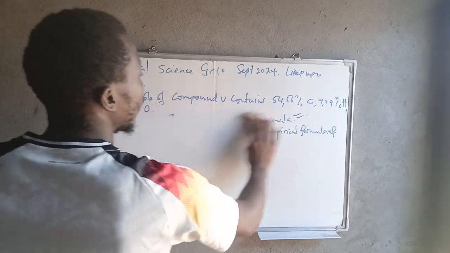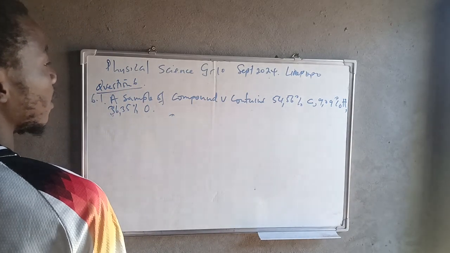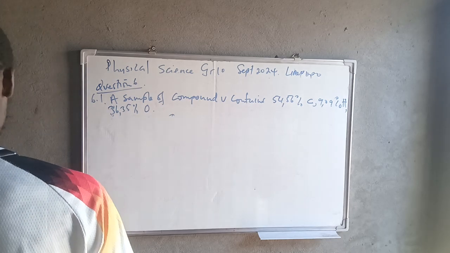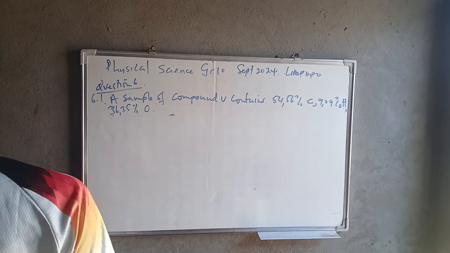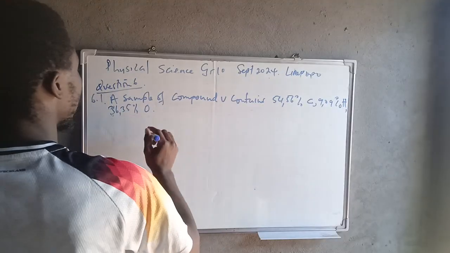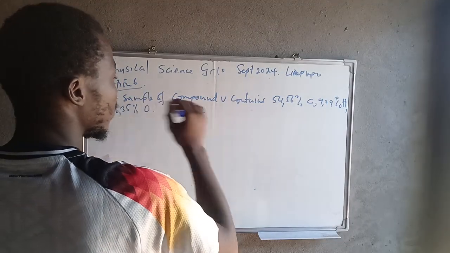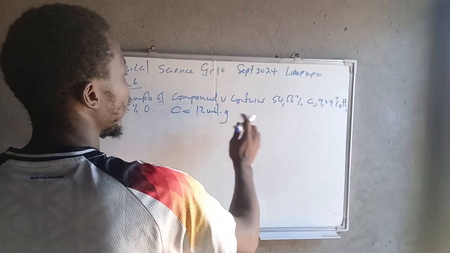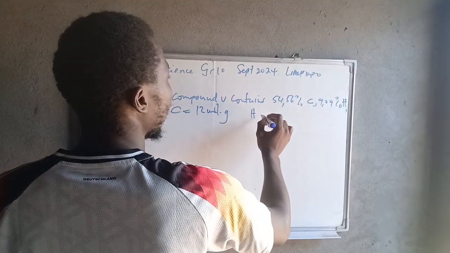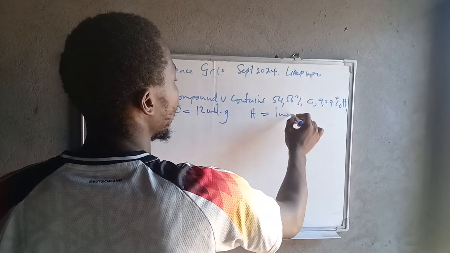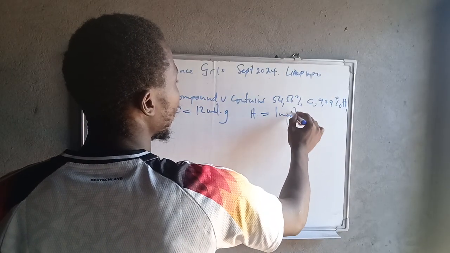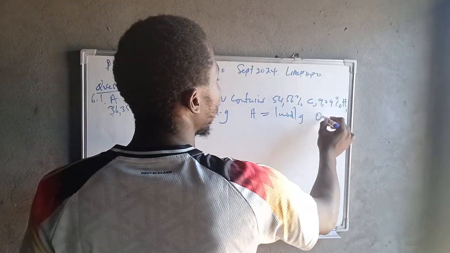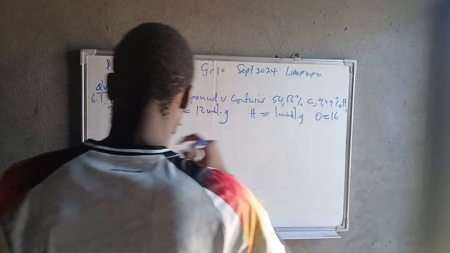So now we are given 54.56. For us to find the empirical formula, we know C is carbon, which has 12 grams per mole. Then hydrogen is 1 gram per mole, and oxygen is 16.